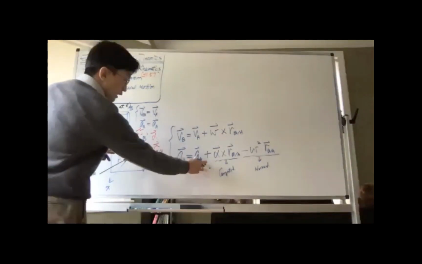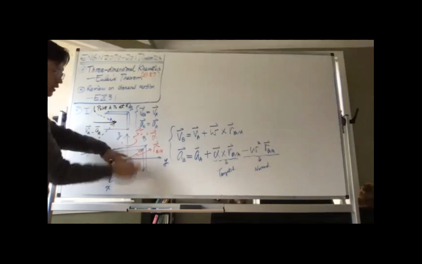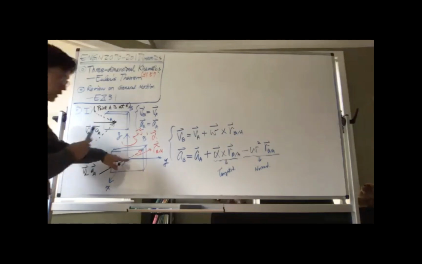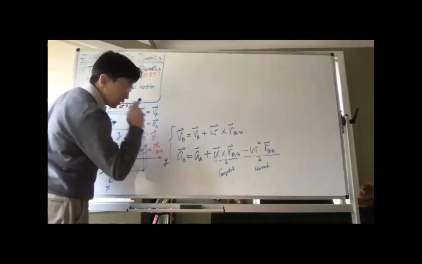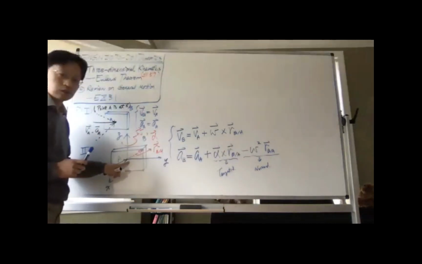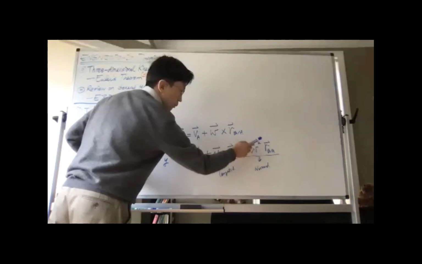So if you consider that, before I consider the linear acceleration at point A, I just consider the whole thing is only spinning like this. So at this point, the tangential linear acceleration is determined by this expression. And the normal linear acceleration is determined by this calculation.